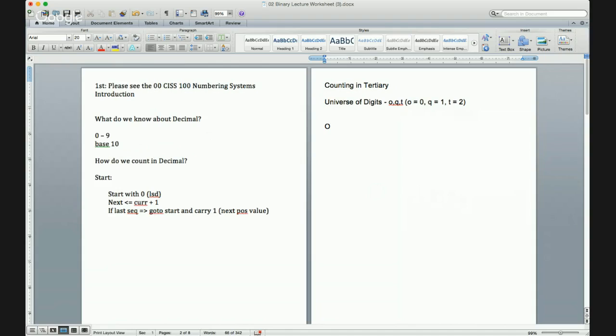O plus Q, or 0 plus 1, in this lexicon would be Q. We're making this up as we go, as a teaching tool. Q plus 1. Is there anything left in that lexicon? Yes, there's something that corresponds to T. So Q plus 1, or actually in this case it would be Q plus Q, of course, would be T.